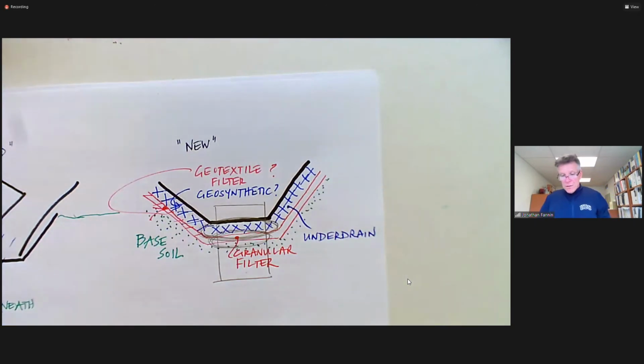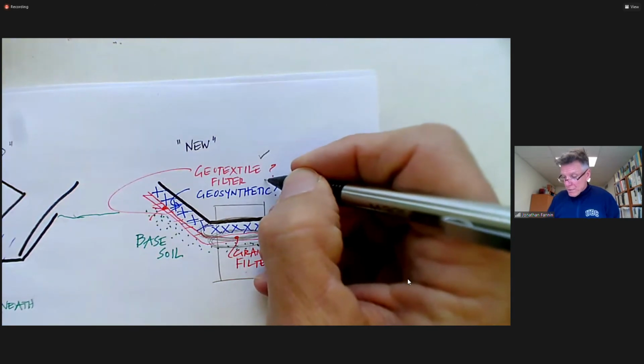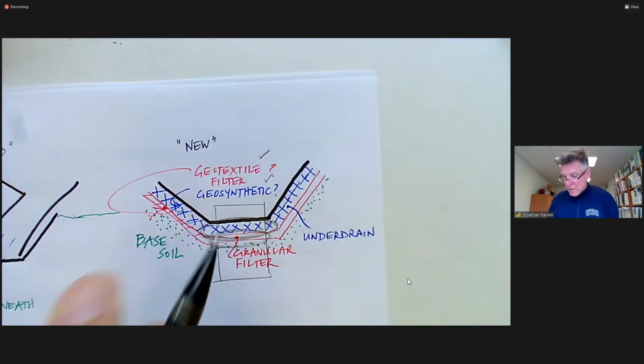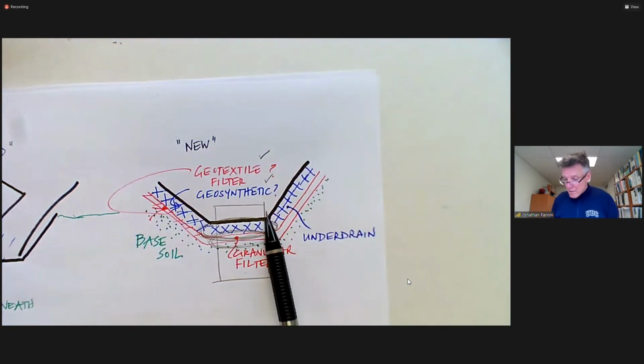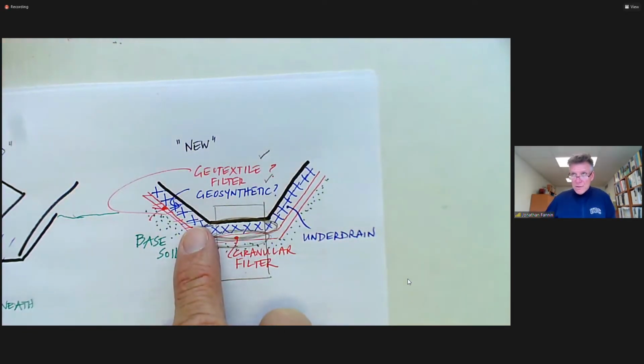And the answer was, it turned out yes, a geotextile filter was used, and yes, a geosynthetic underdrain was used, because yes, the contractor wasn't able to satisfy placement and compaction requirements for granular filters and drains on a number of locations.